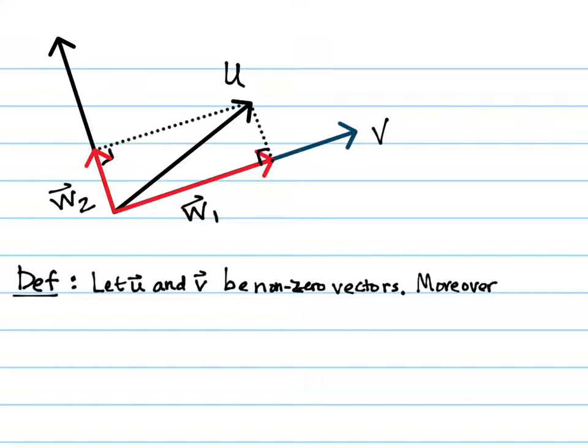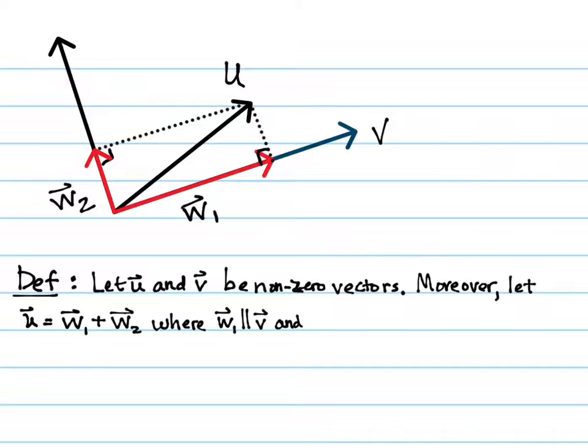Moreover, we're going to let U equal W1 plus W2, where W1 is parallel to V and W2 is orthogonal to V.